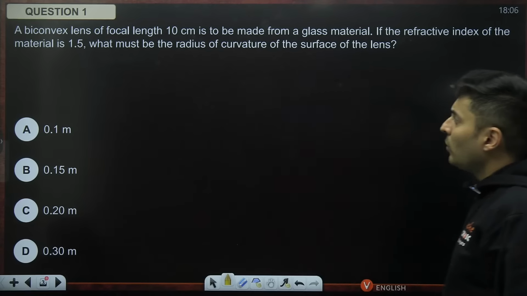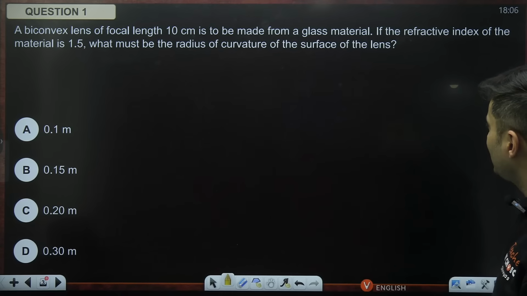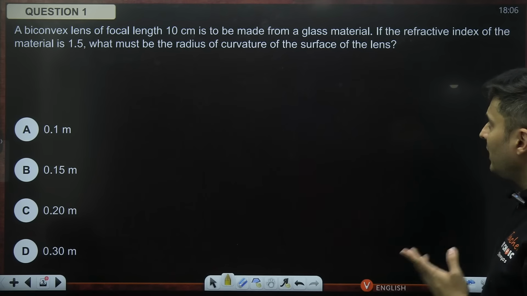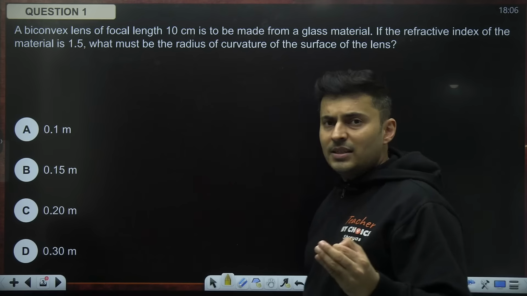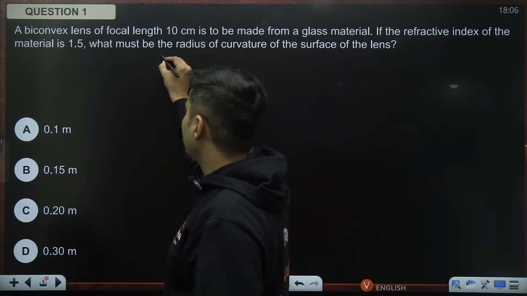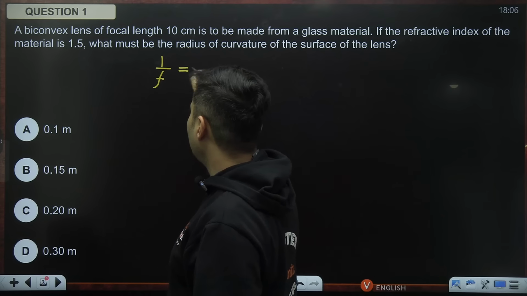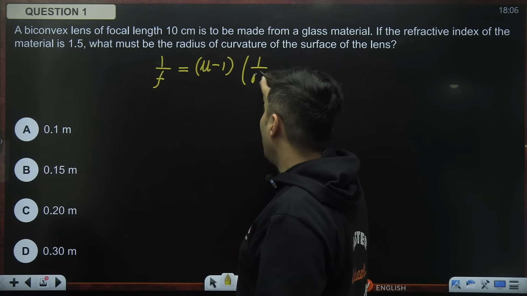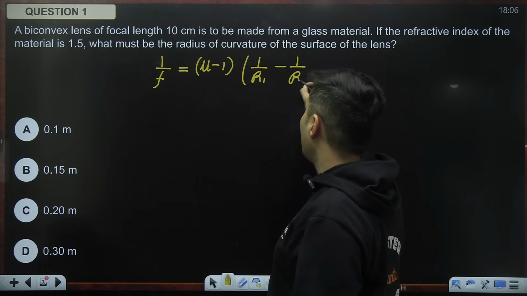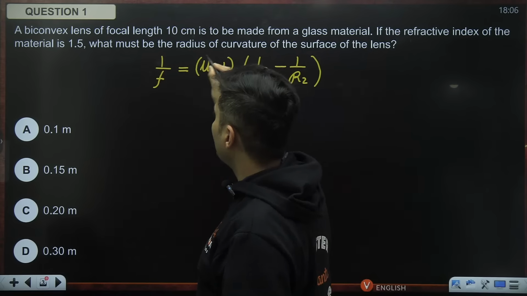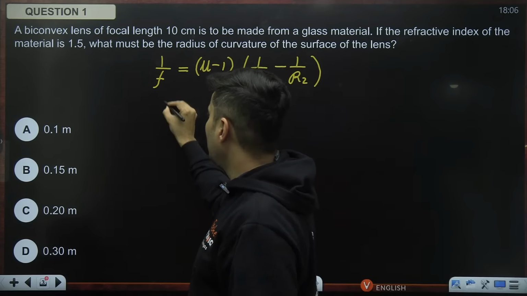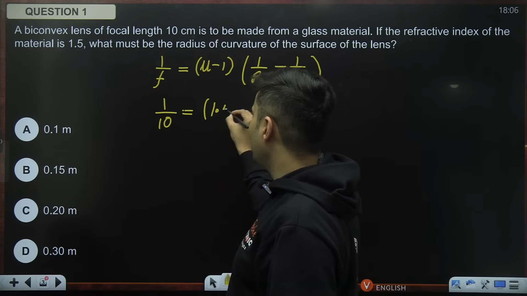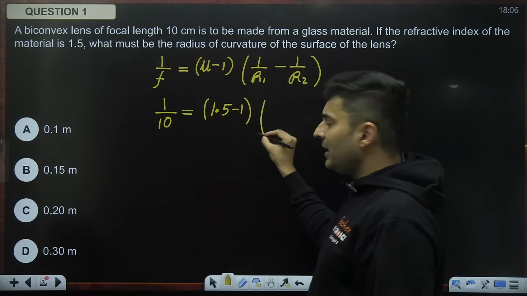A biconvex lens of focal length 10 centimeters is to be made from a glass material. If the refractive index is 1.5, then what must be the radius of curvature? This is based on the lens maker formula, which says 1 divided by the focal length is (refractive index minus 1) into (1 by R1 minus 1 by R2). The focal length is already given. The focal length is 10, and because it is a convex lens, it will be positive 10. The refractive index is 1.5, and both radii will be the same.